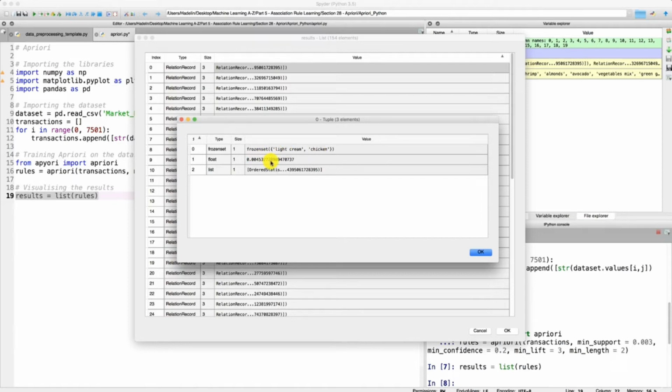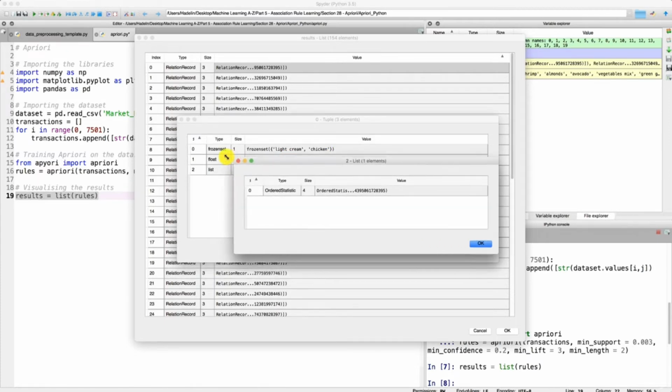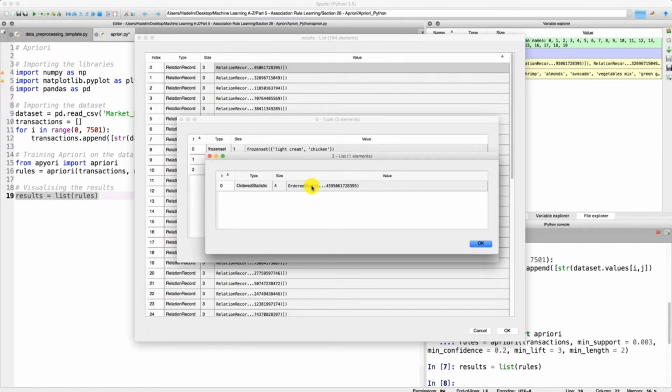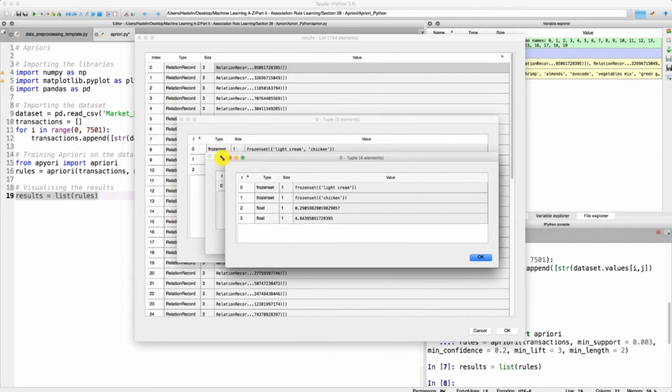So that's the support. And then if we want to get the confidence and the lift of this particular association rule, well, we just need to click on this value here to get this table, and then click again on this value here to get all the parameter values for this specific association rule.